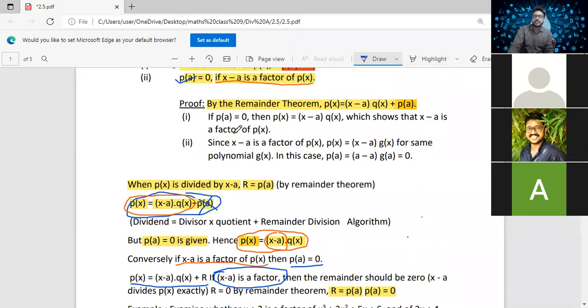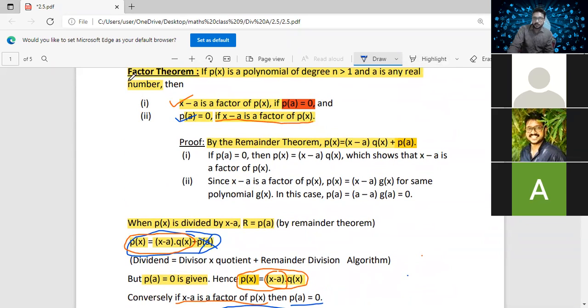And I remind you one more thing. If you are asked to prove factor theorem in section C or section 4, then you should write the remainder theorem also. We know that we need this remainder theorem to prove factor theorem. Just don't write like this, 'By remainder theorem, we know this.'